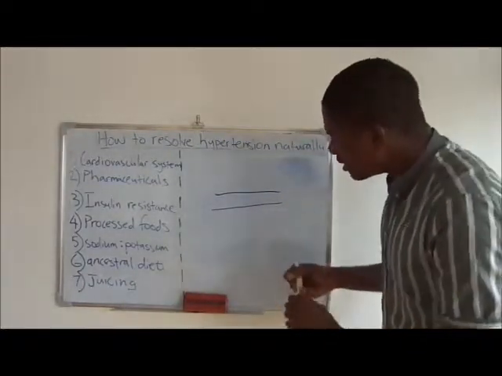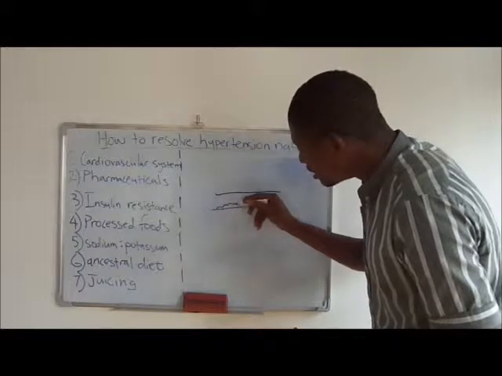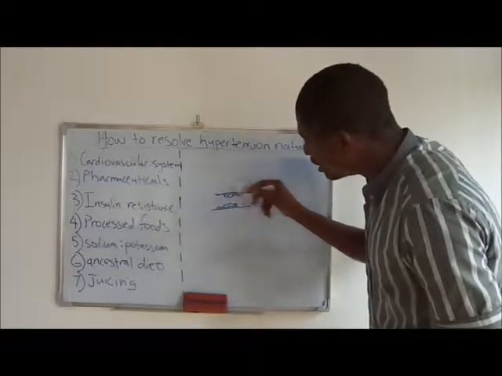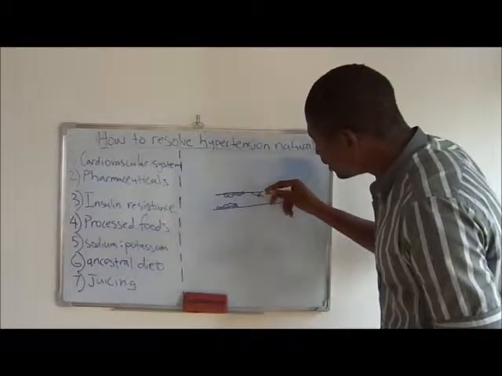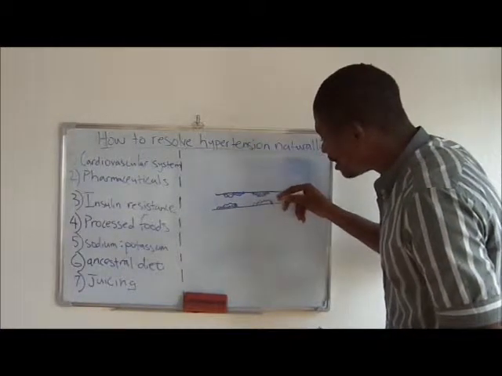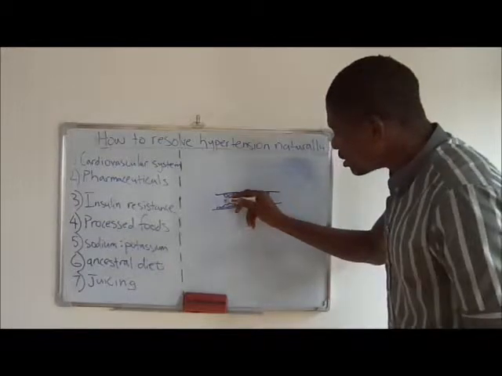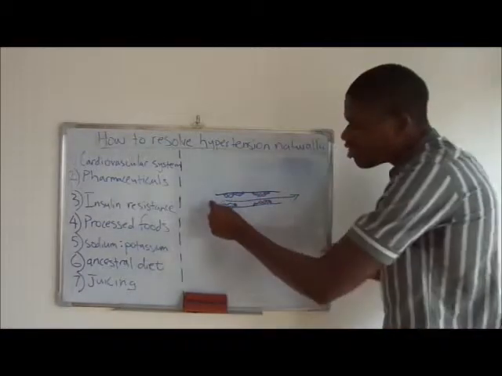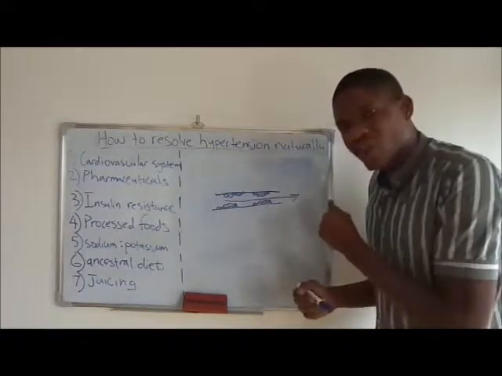One way is that insulin resistance increases the formation and expansion of plaques in the arteries, because again, blood pressure is a measurement of the resistance to the flow of blood.